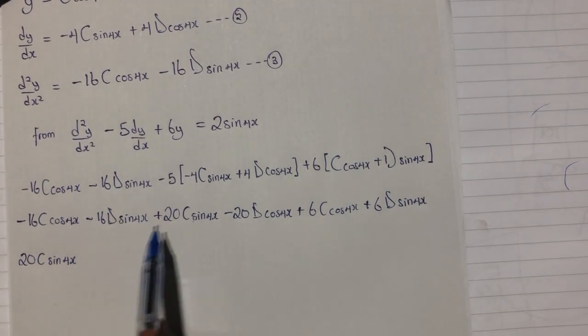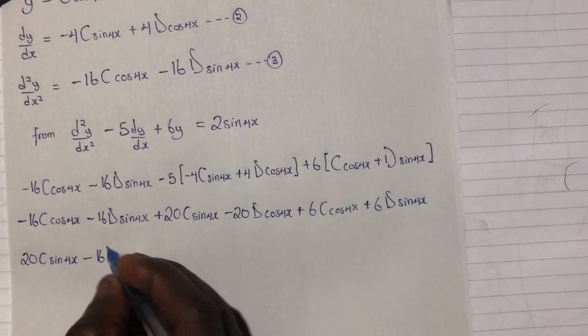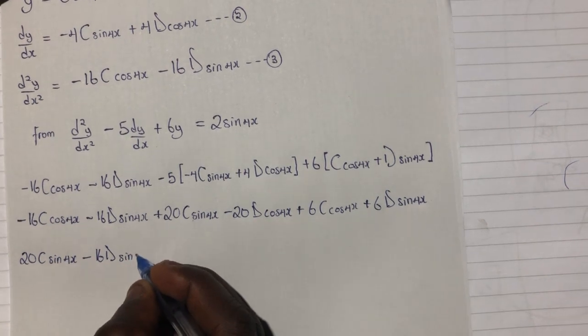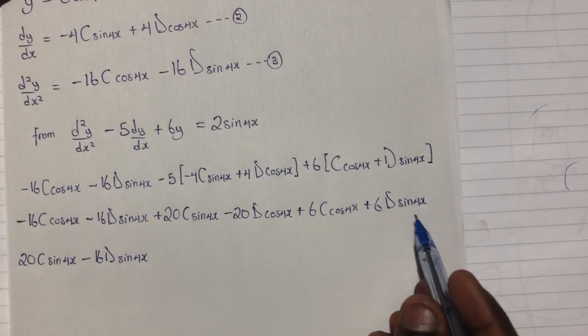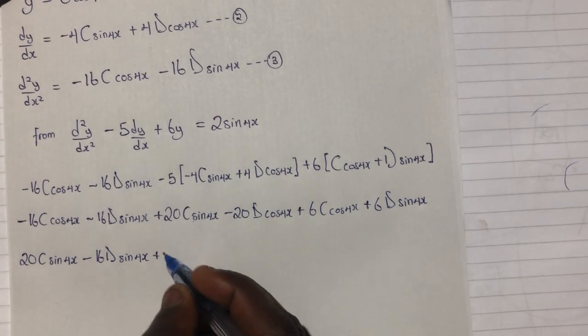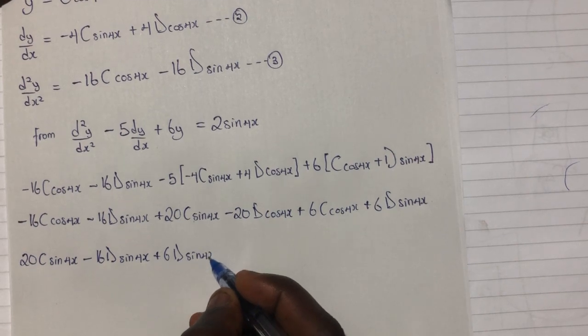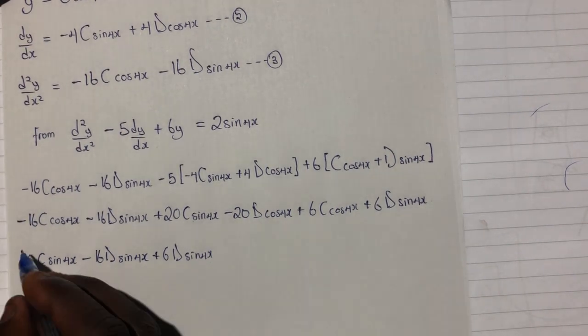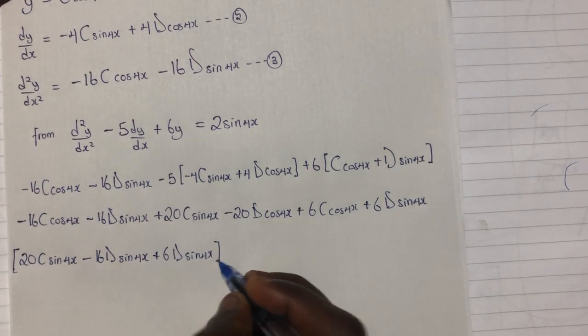Let's pick this one. So minus 16d sine 4x. Then the last one is this one, which is the sine here. So we pick plus 6d sine 4x. So not to confuse you, let me put everything here in one bracket.